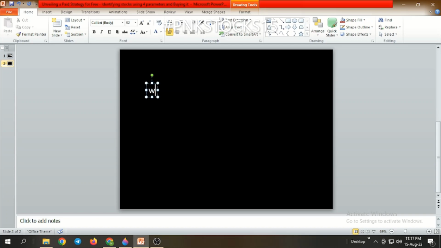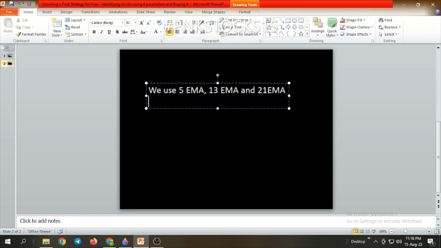So we use 5 EMA, 13 EMA and 21 EMA. These three we will use, and apart from this we also use RSI.